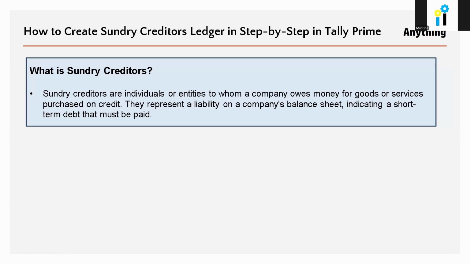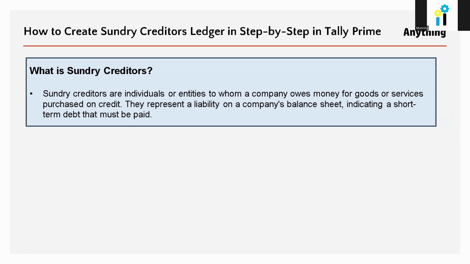So first, what is a Sundry Creditor? Sundry Creditors are individuals or entities to whom the company owes money for goods or services purchased on credit. They represent a liability on the company's balance sheet, indicating a short-term debt that must be paid.